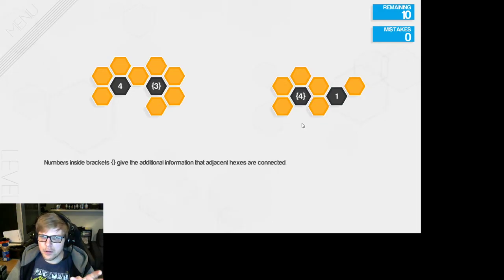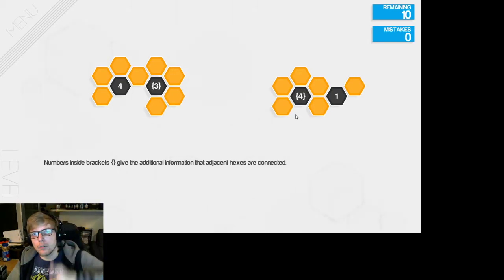Again, there's a little bit of a difference, because this 4 here, these two are not connected because of this gap. So, kind of like how we had before, where we had 5 hexes in a column, and we had a 4 with a curly brace, we got to mark the inner 3.